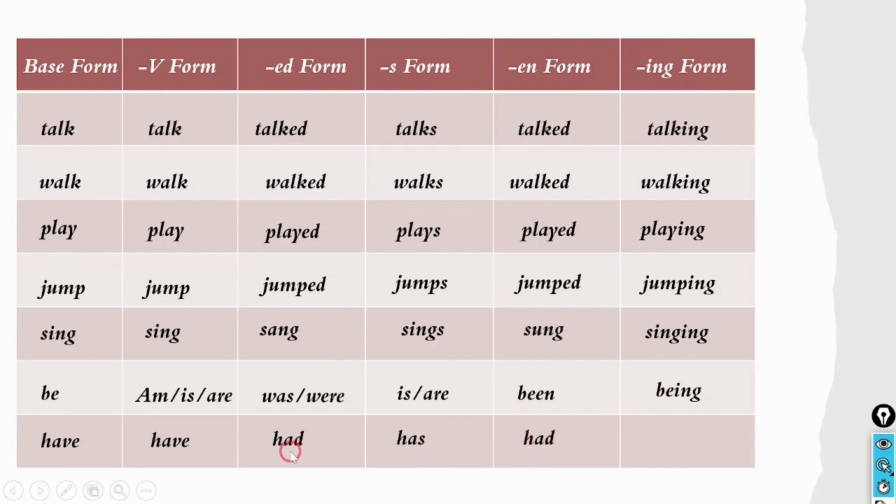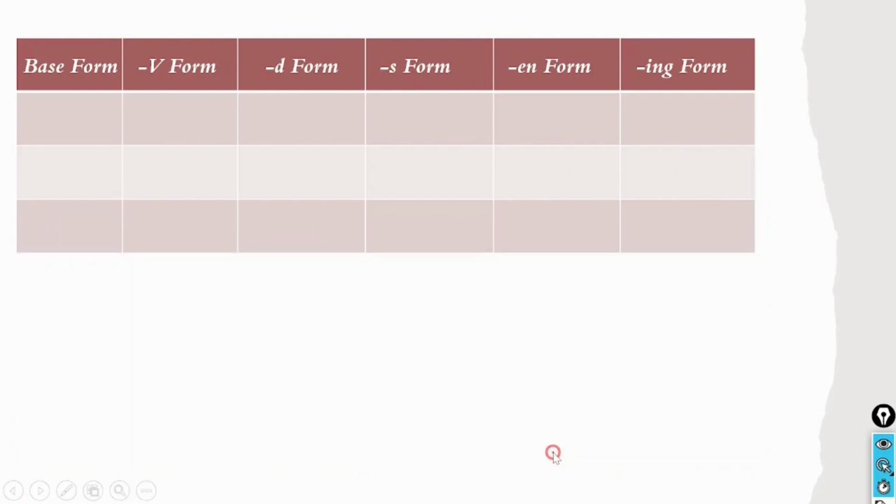So the ed and the en carry the same form for the word have. Then here it is having. He is having a pencil in his hand. So it becomes a present continuous tense, something happening right now.